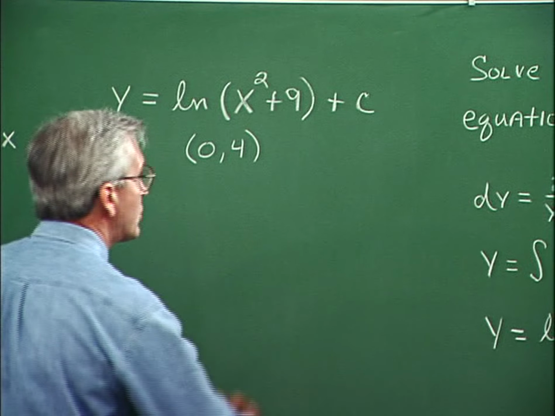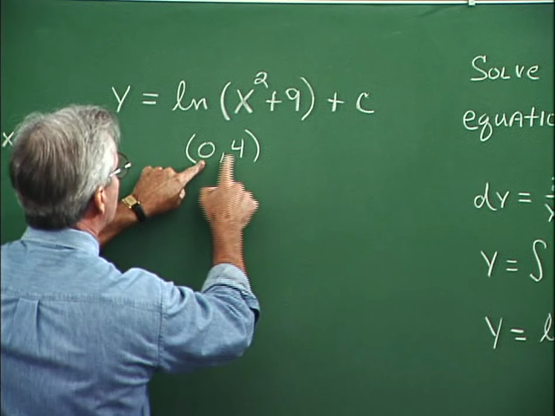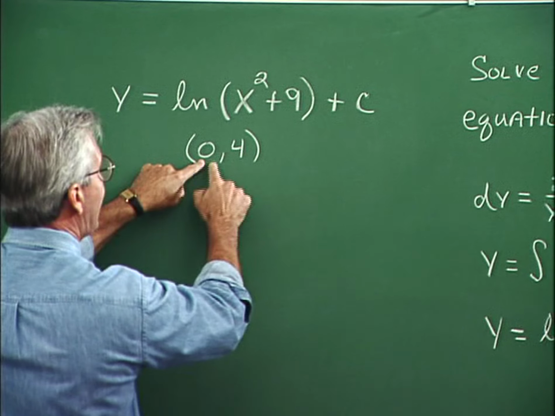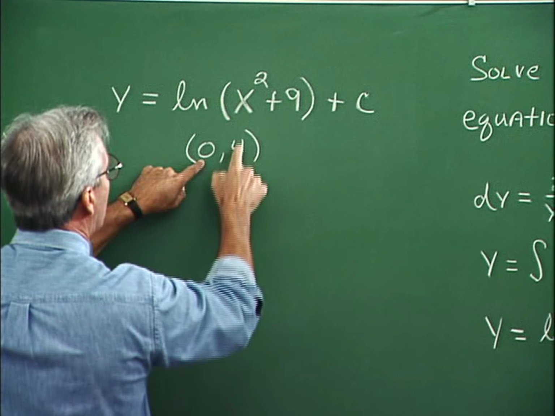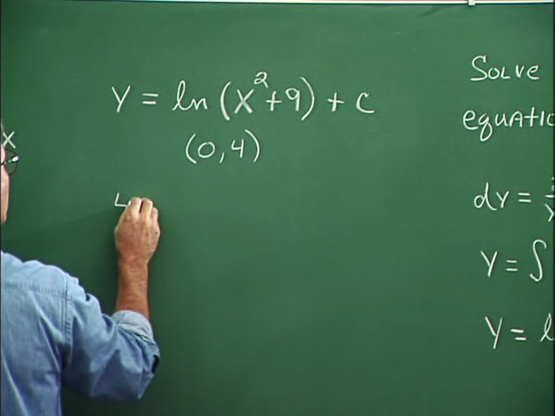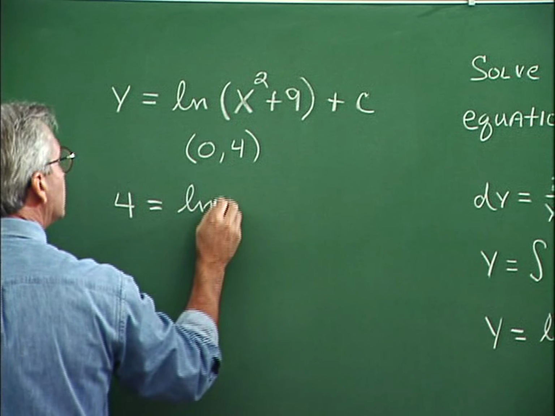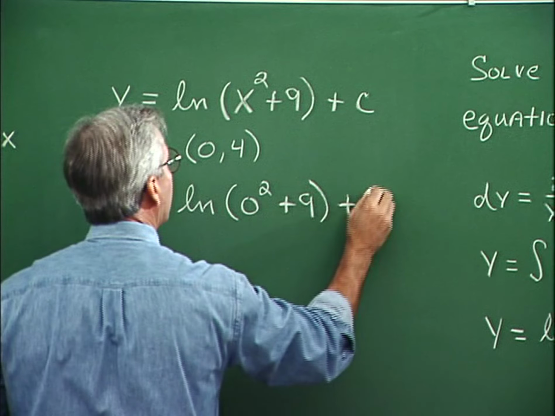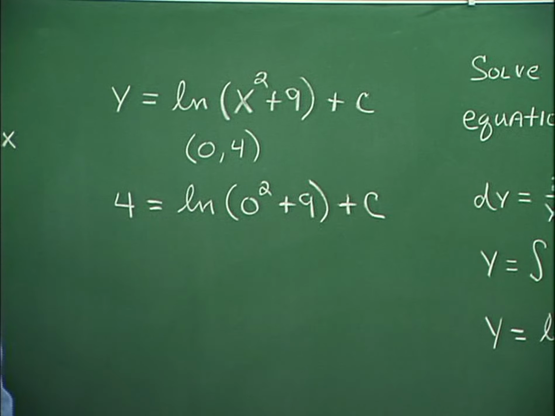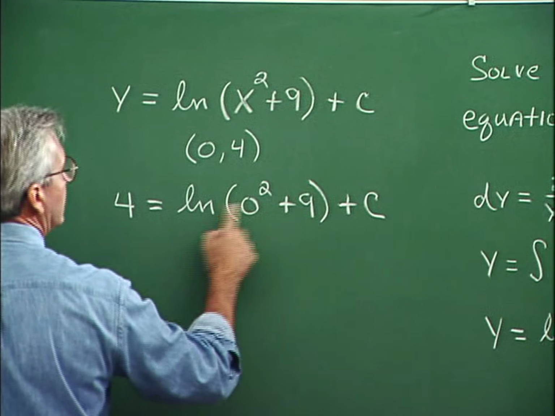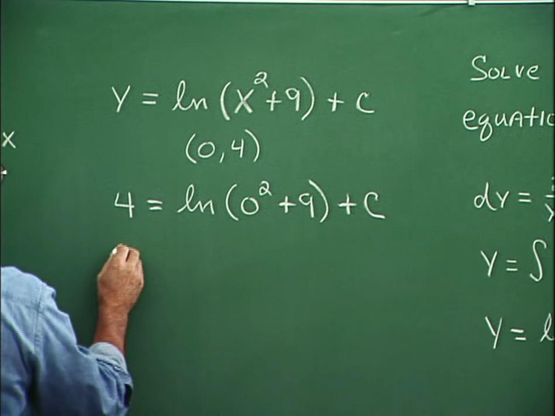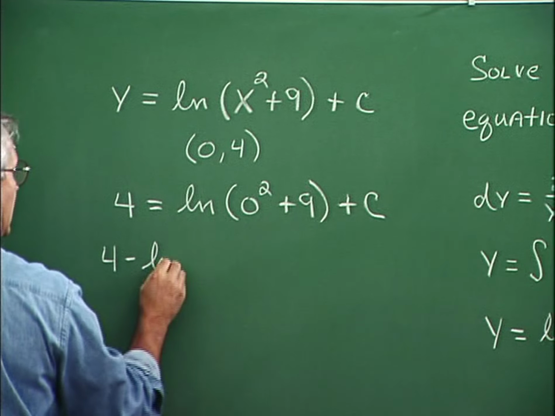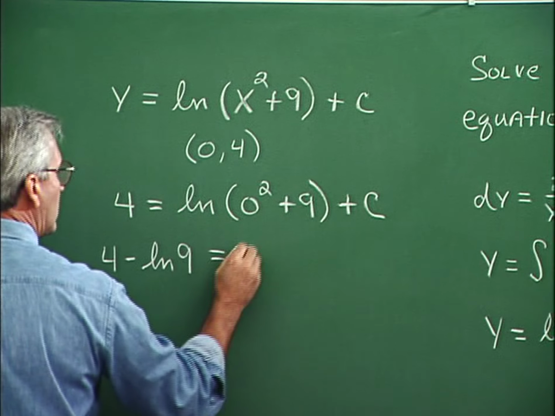Now, to determine the value of c, since we have coordinates that are in the x, y form, we replace x with 0 and y with 4. So 4 then is ln of 0 squared plus 9. Here's what we're doing. Now we're going to solve this for c. This is natural log of 9. So this is 4 minus ln 9 equals c.